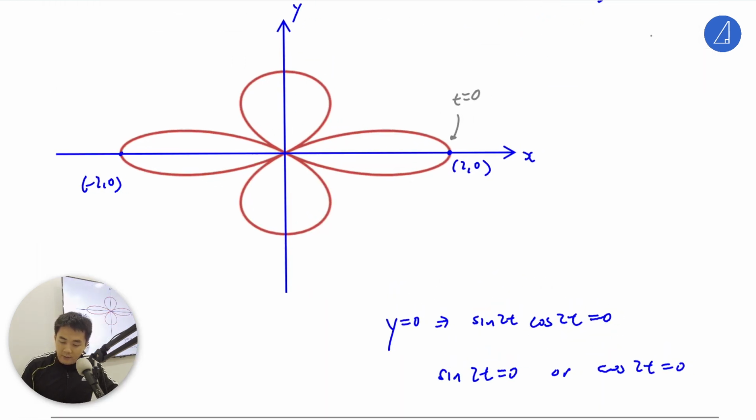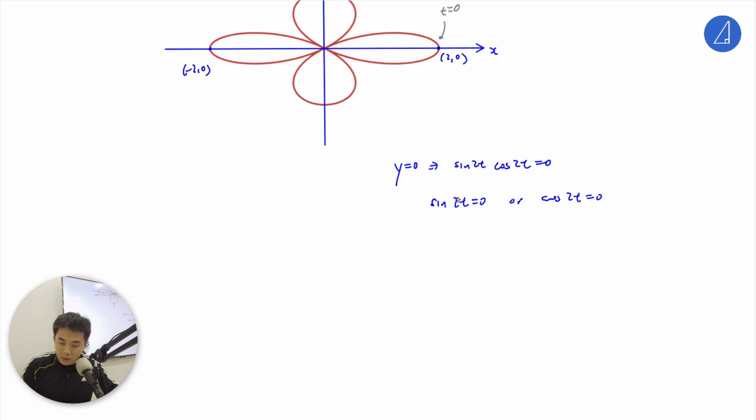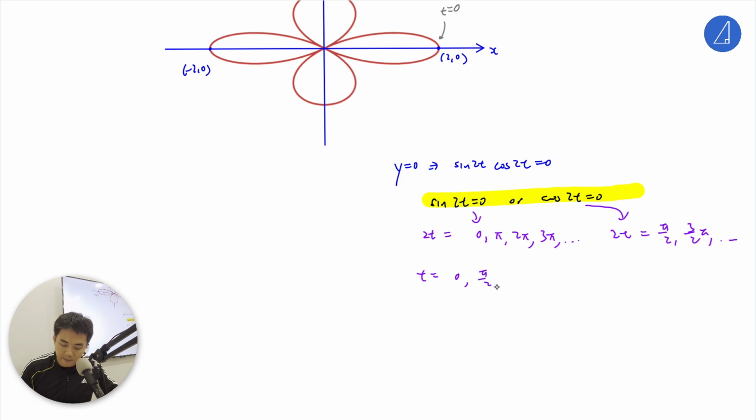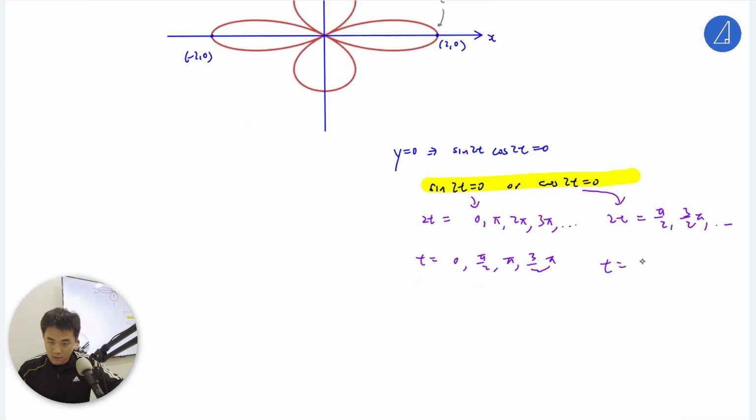In fact, when you solve this, you will get 2t being 0, pi, 2 pi, 3 pi, and so on. Then 2t here will be pi over 2, 3 over 2 pi, and so on. So this will be t equals to 0, pi over 2, pi, and 3 over 2 pi, pi over 4, 3 over 4 pi.